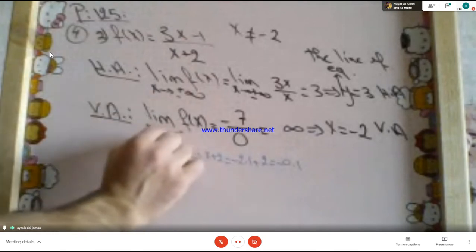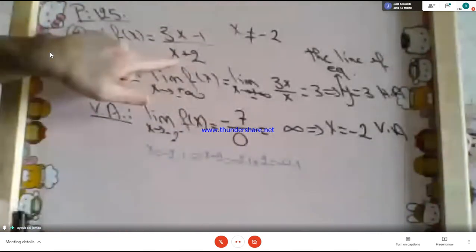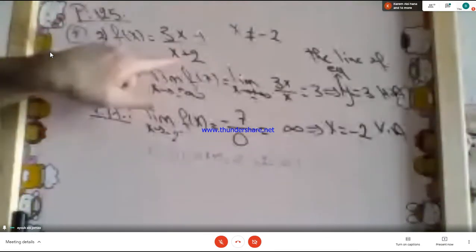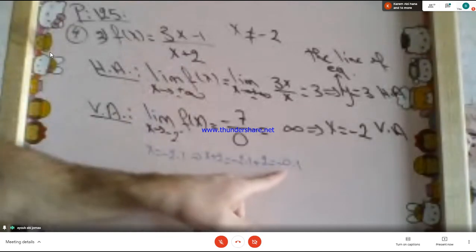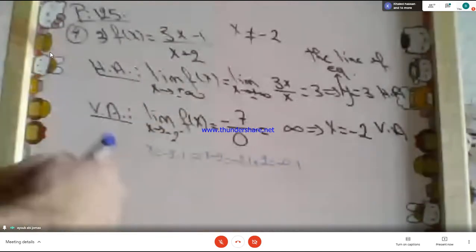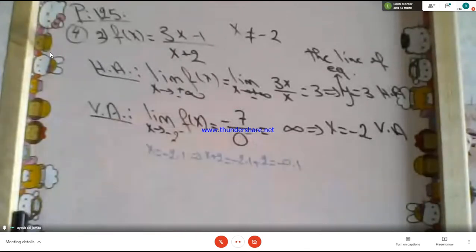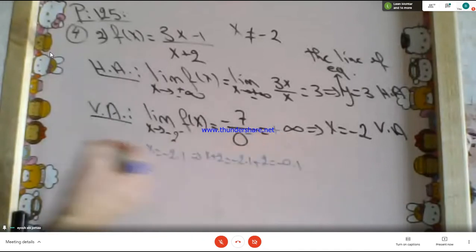Choose negative 2.1 and replace x by negative 2.1 in the denominator only. Negative 2.1 plus 2 equals negative 0.1. It's negative, so you write negative, 0 minus. Negative divide negative, the answer is positive. Okay. Clear?